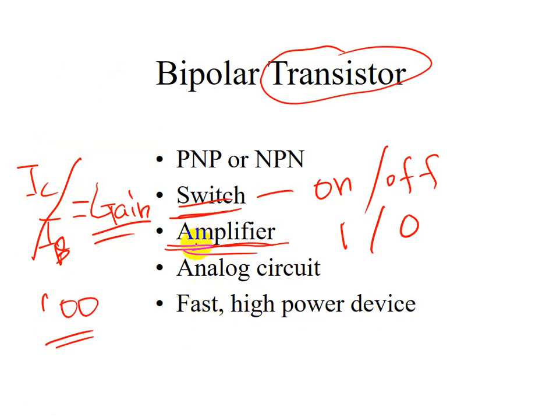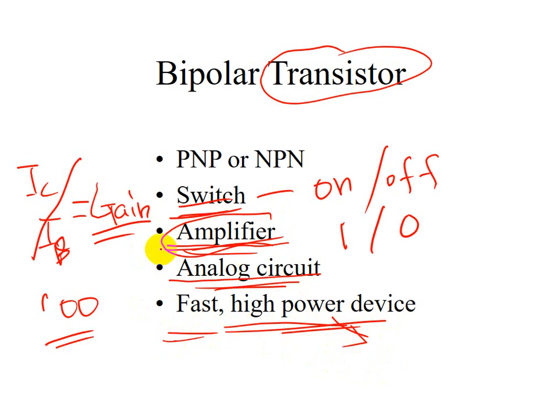In general, it is using an analog circuit. It has a fast response. It can be used at high power device because the amplifier has large current going through.